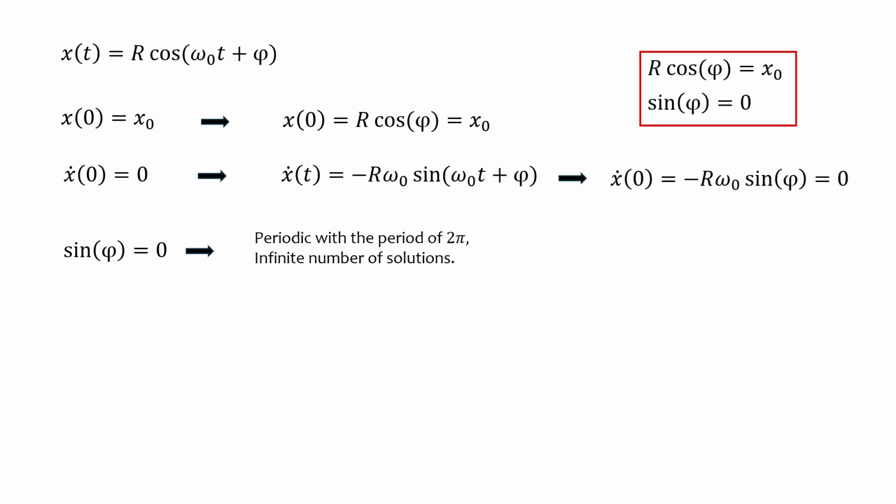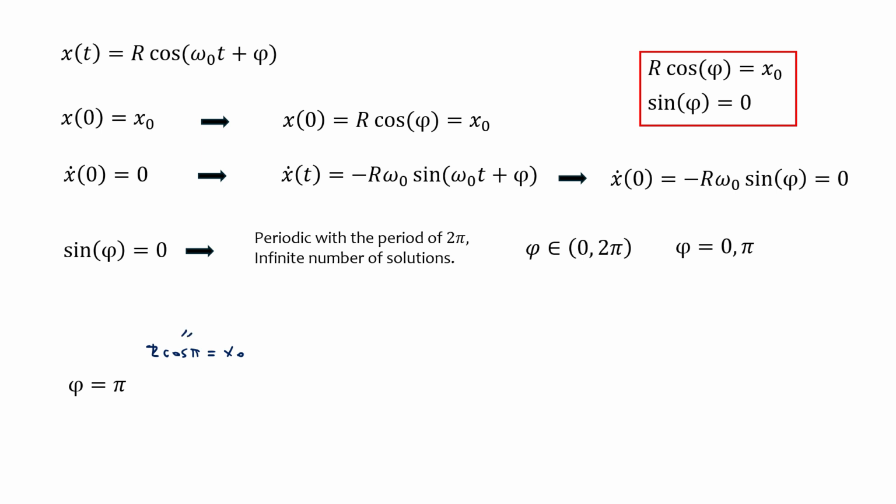To do this, we restrict our search to the interval 0 and 2 pi. In this interval, sine of phi equals 0 has two solutions. Either phi is equal to 0 or pi. So we still have two choices. If we set initial phase to pi and we plug it back into the first equation, we get r times cosine of pi, and it must be equal to x0.